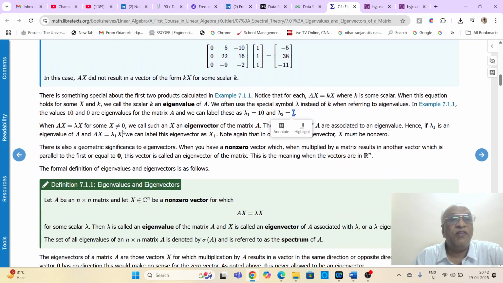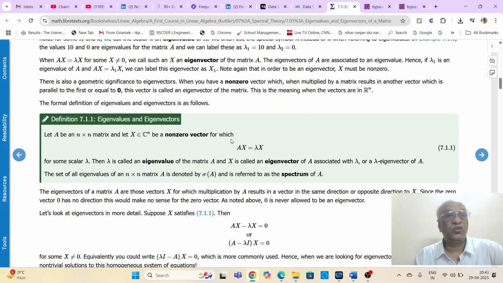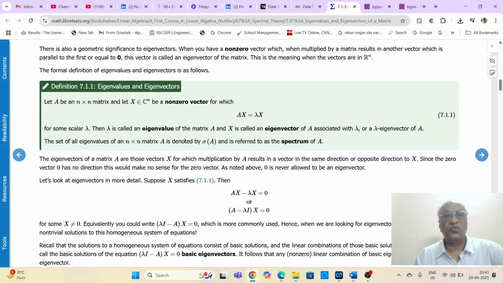When the X value is non-zero, then it is called an eigenvector. So here AX can be represented as lambda X, where lambda is called the eigenvalue, and X is called the eigenvector.